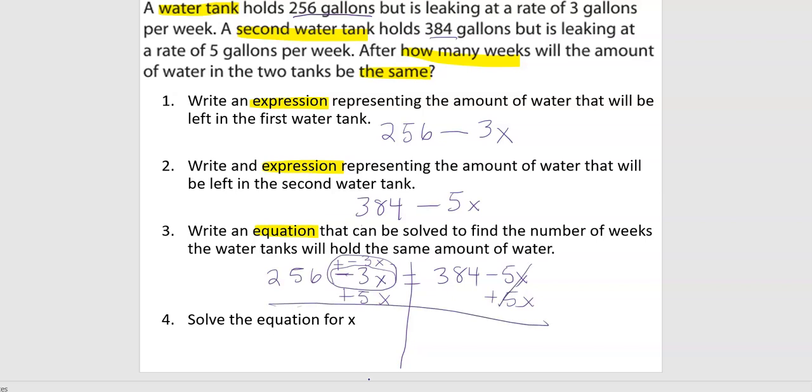That cancels out. Here I've got 256 plus 2x, because negative 3 plus 5 makes 2. And then on this side, I'm going to have the 384 left. I'm going to subtract the 256 from both sides.